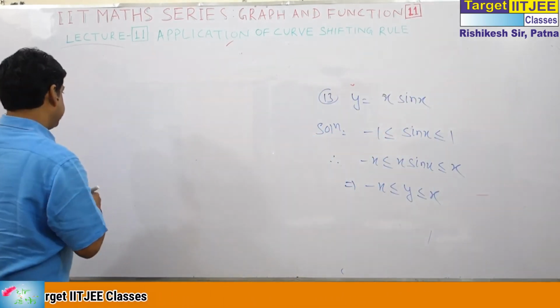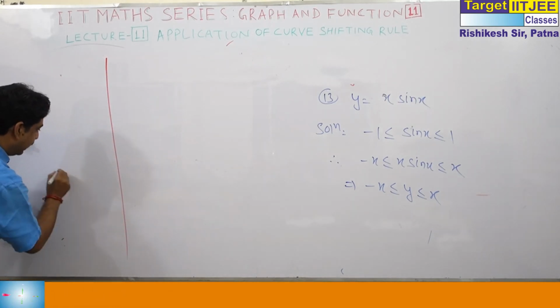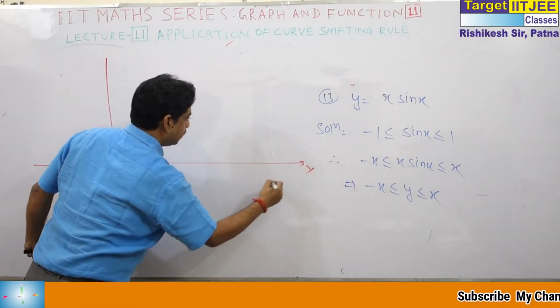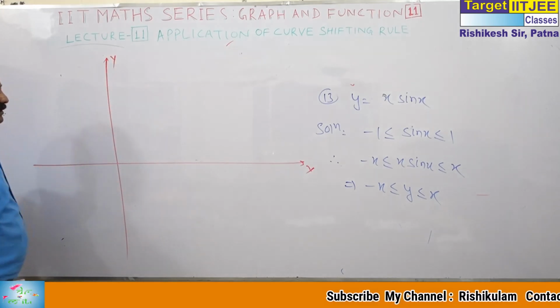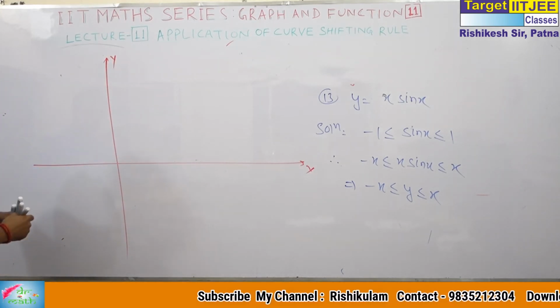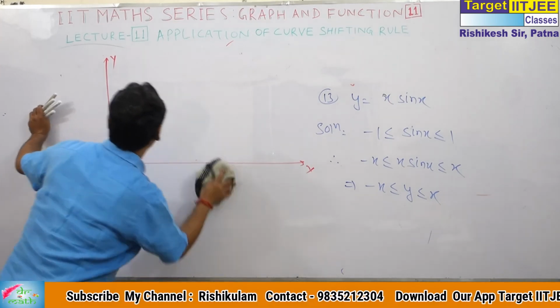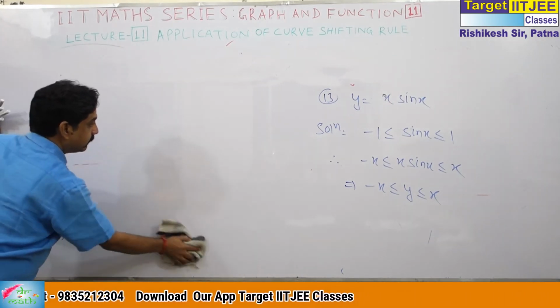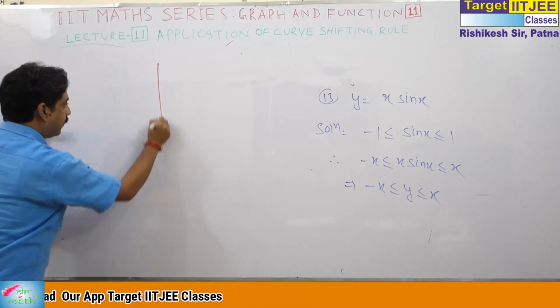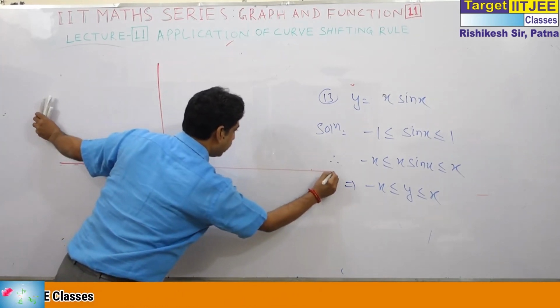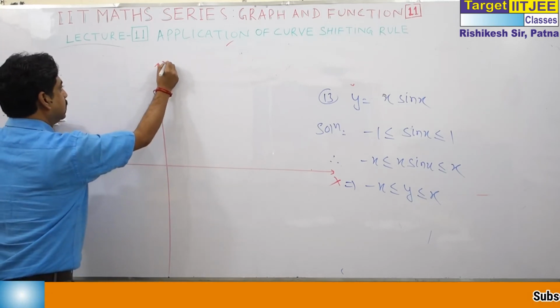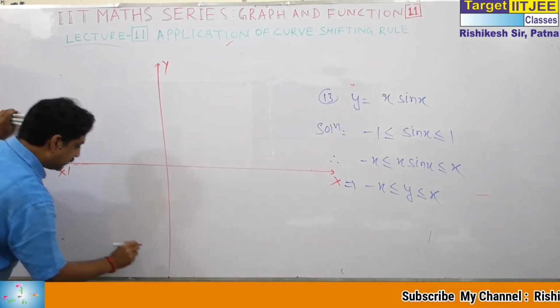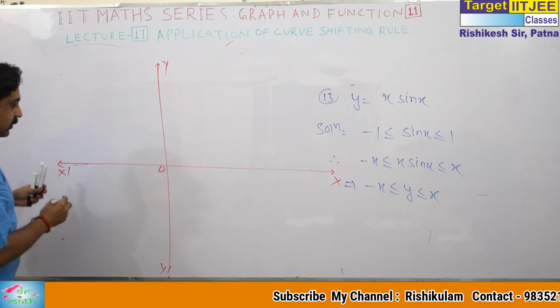Now, see, you will find it interesting. Let me come to the middle. This is the x-axis, this is the y-axis, this is x dash, this is y dash, this is the origin.